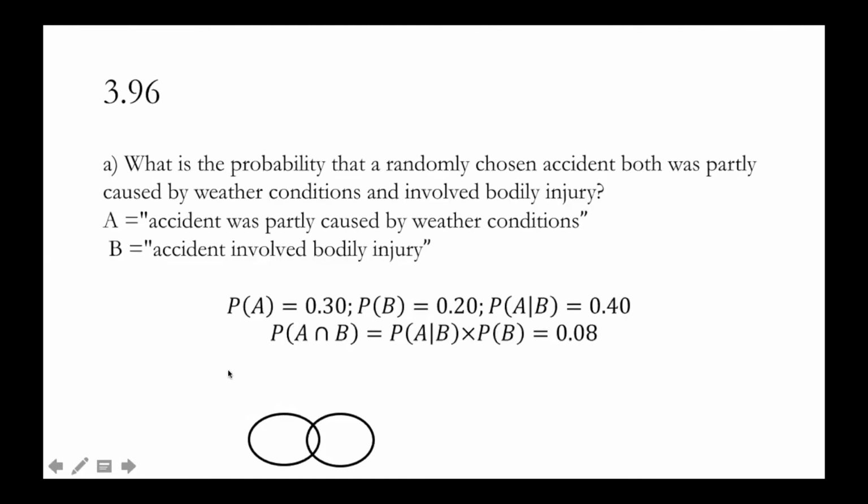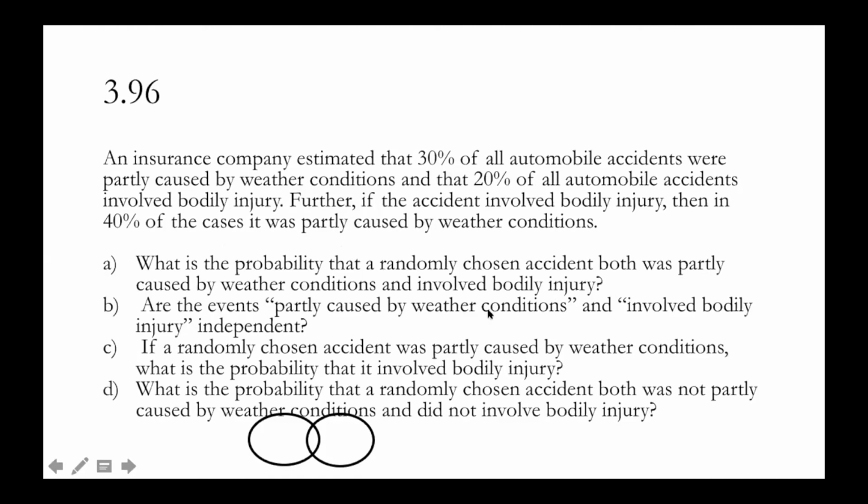So now you know that the probability of the event being caused by weather conditions is 30%. The probability of it involving bodily injury is 20%, and the intersection will be then.